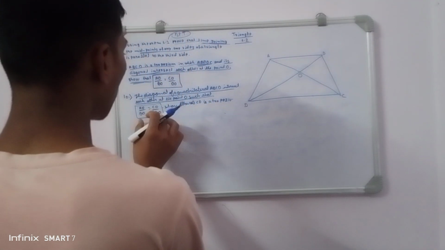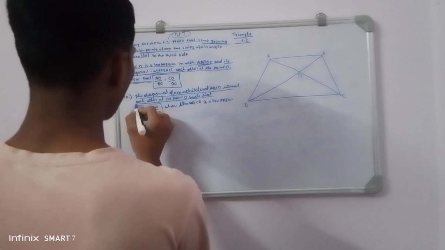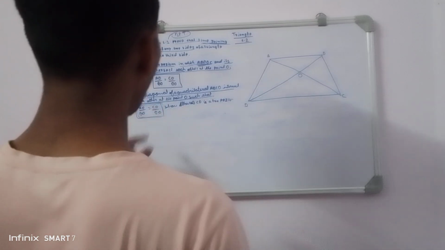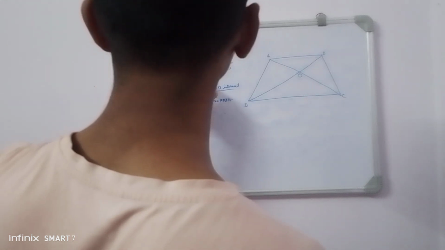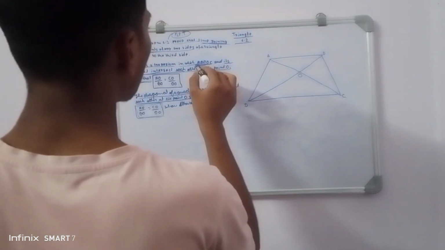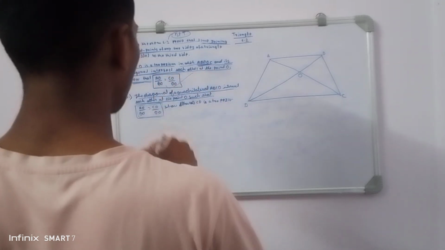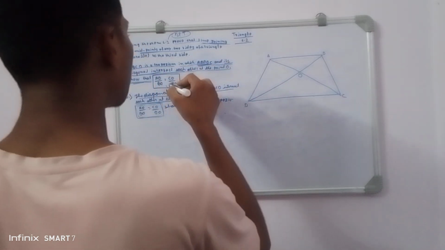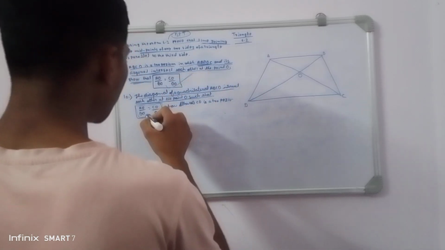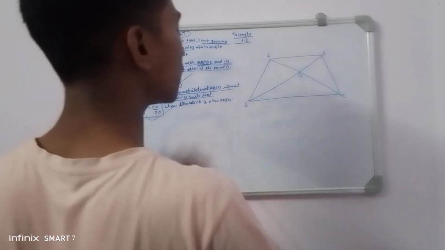So now we already have AO by BO and CO by DO. And in the previous question, we proved that when ABCD is a trapezium, then this is possible, and when this is possible, then ABCD is a trapezium.